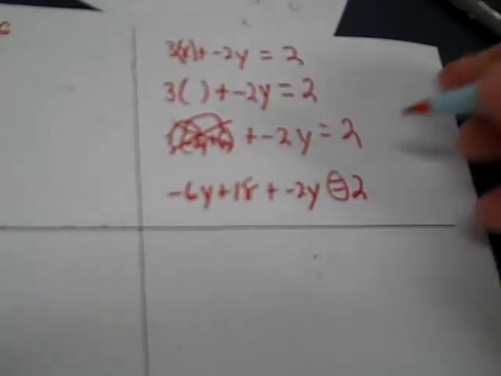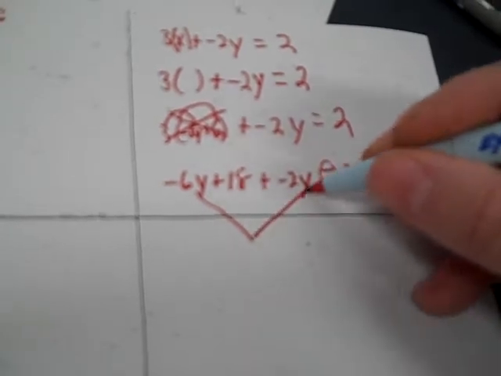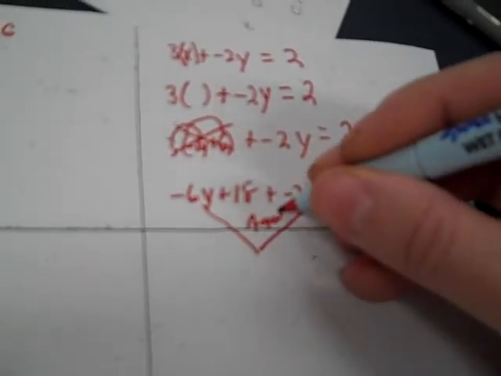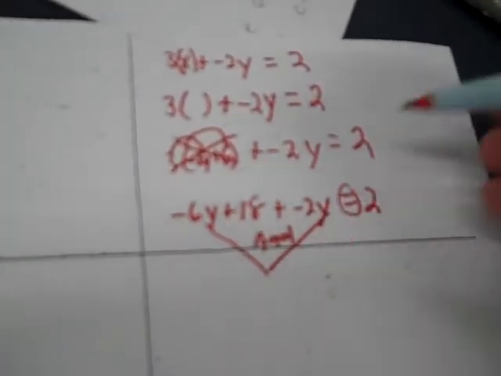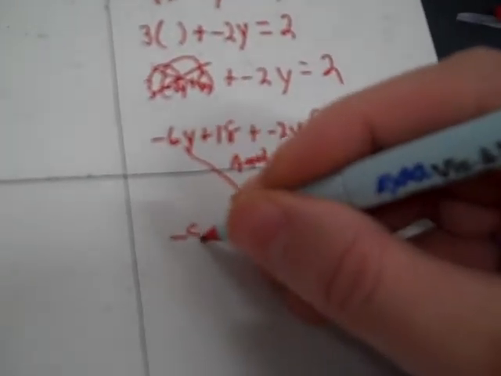Okay, now I have two y's, and they're on the same side of the equals, so I'm going to draw my adding pyramid, and I just add them. I take negative 6 plus negative 2, and that's negative 8. Okay, so negative 6 plus negative 2 is negative 8 with y.